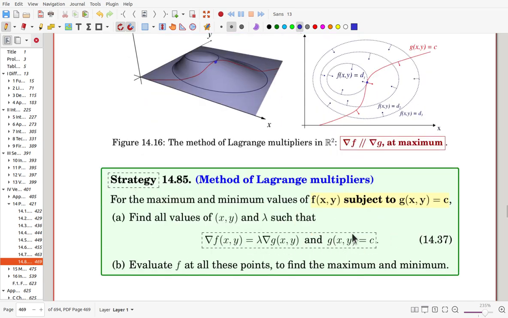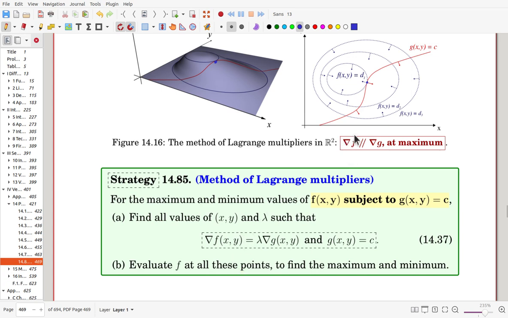This observation introduces the method of Lagrange multipliers. We try to find the maximum and minimum values of f of x, y subject to g of x, y equals c along with this strategy.